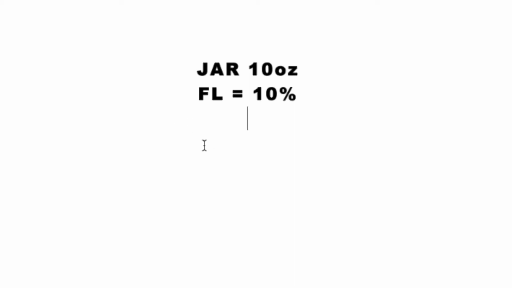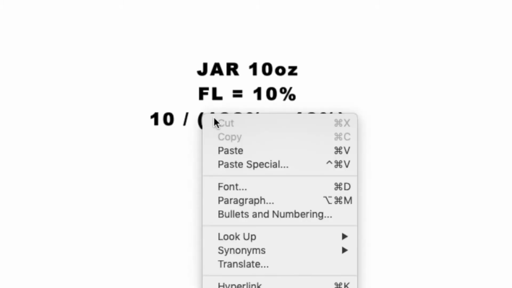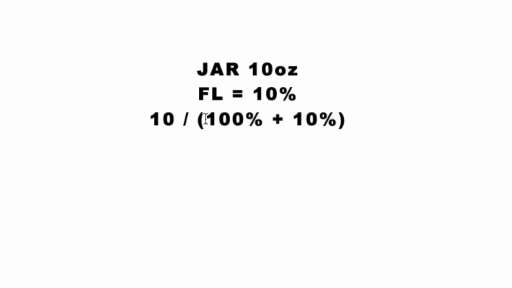So the total our jar can hold is 10, divided by 100% plus the fragrance load, which is 10%. We add this to get a total of 110%. So we're still dividing 10 by 110%.